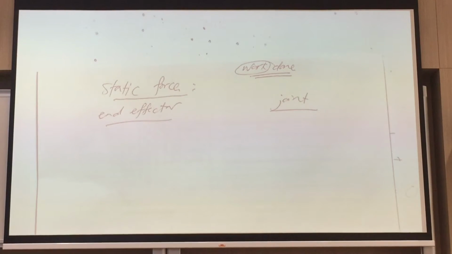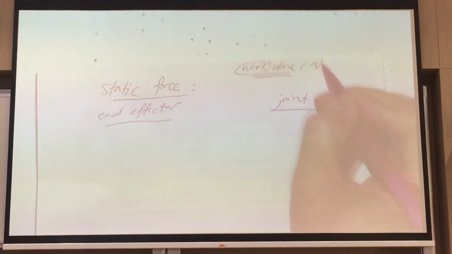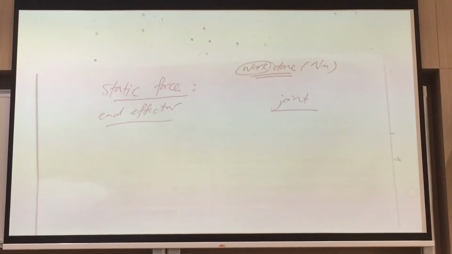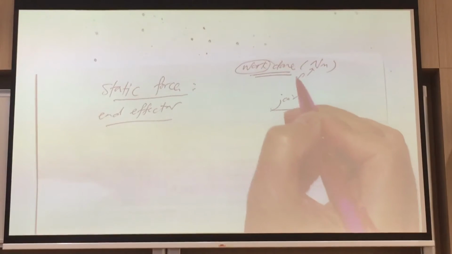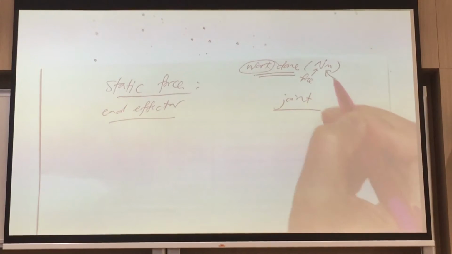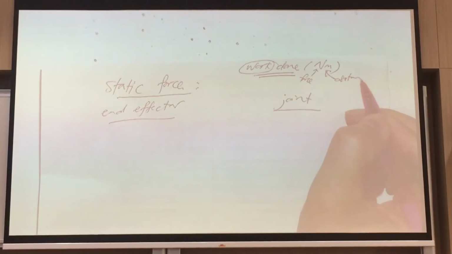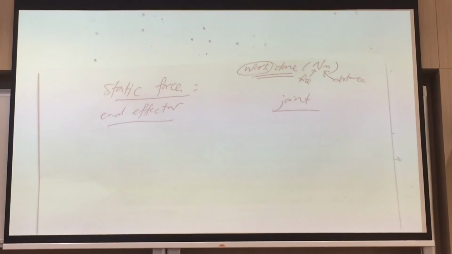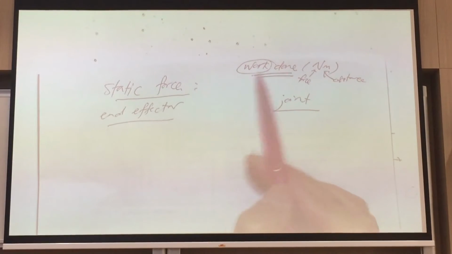Let's go back to a bit of physics again. The unit is Newton meter. It means you have a force and a perpendicular distance to the force. When you multiply the two of them, that will give you work.